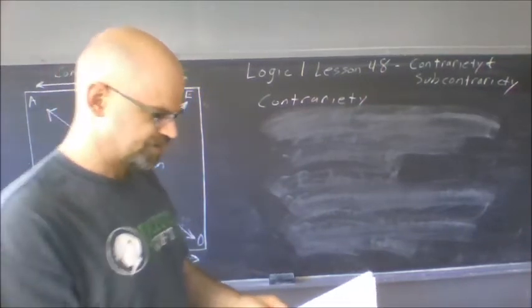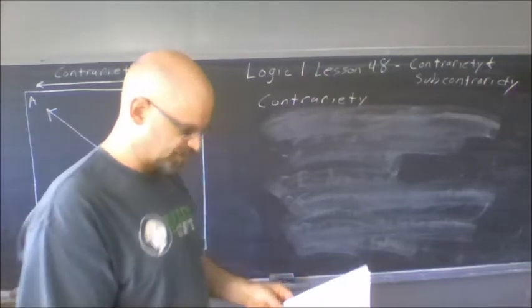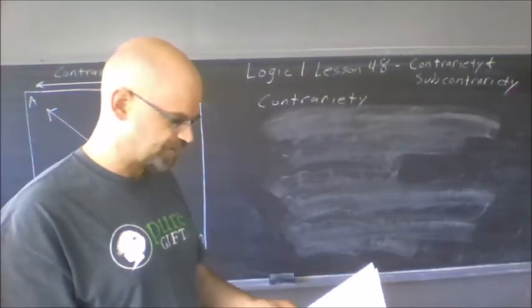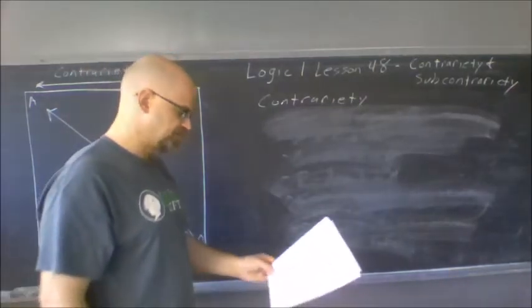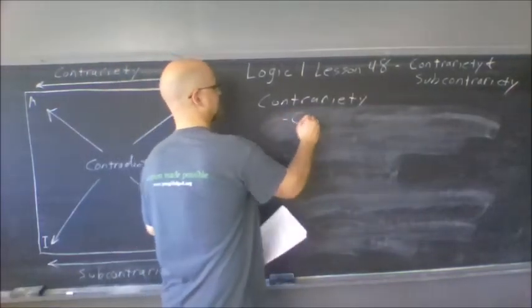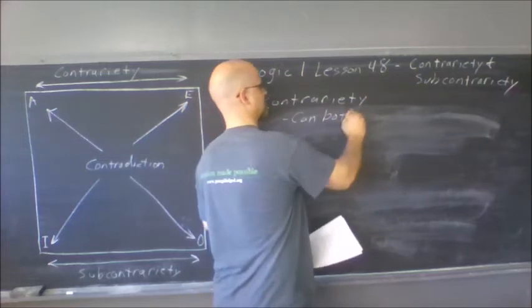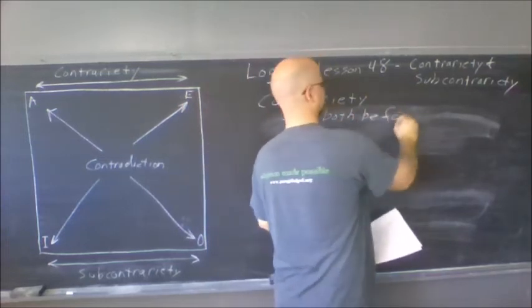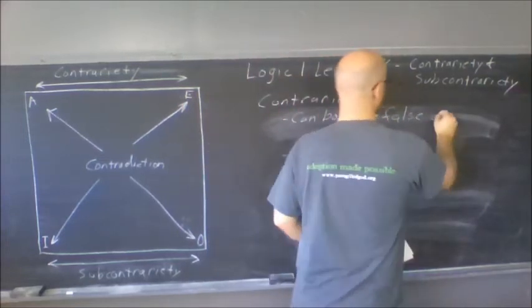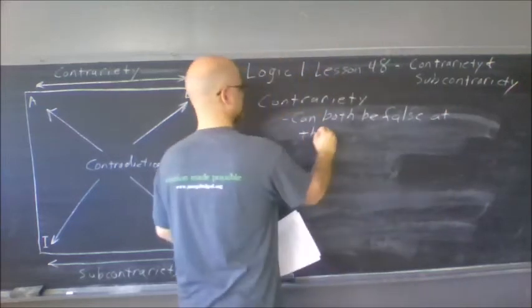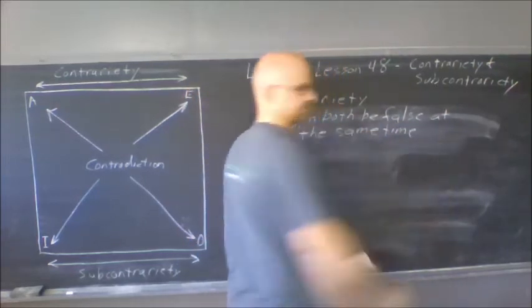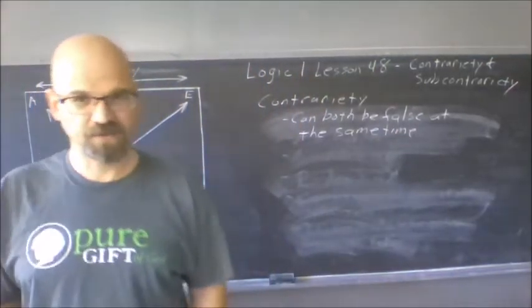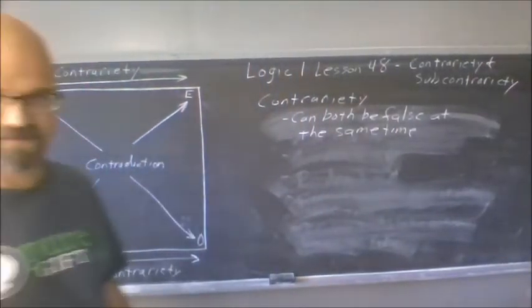So we wrote, if one is true, the other must be false. They cannot both be true at the same time. However, contrary statements can both be false at the same time. Okay? They can't both be true, but they can both be false.